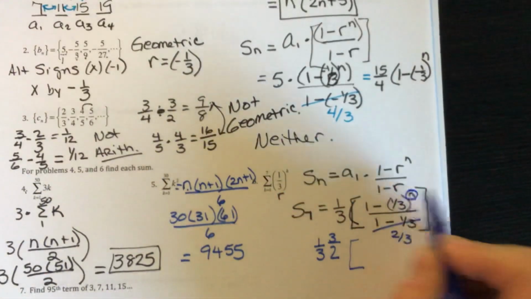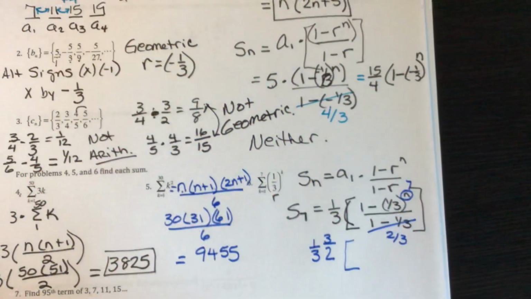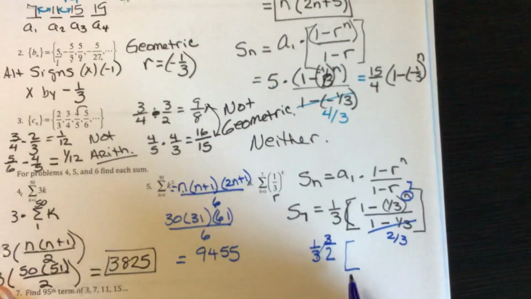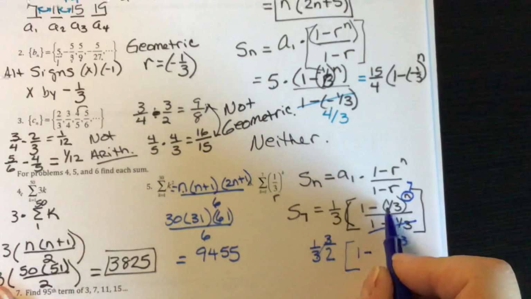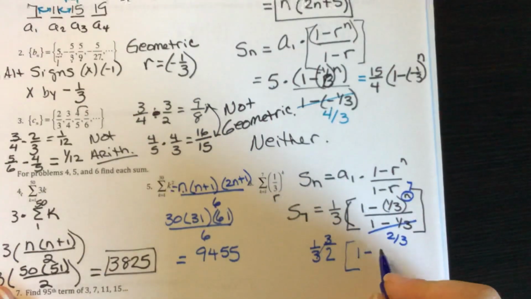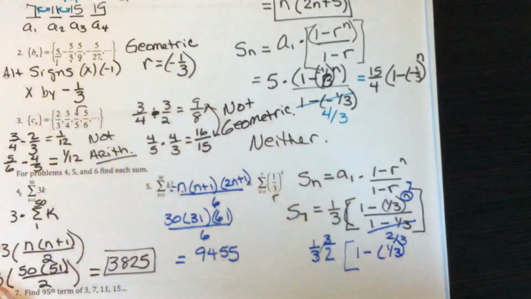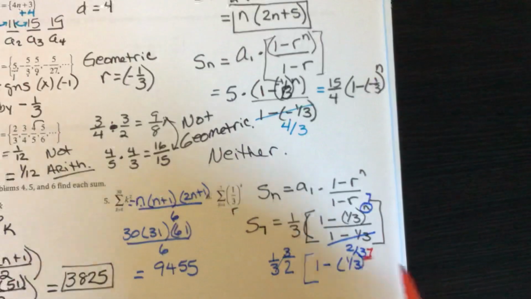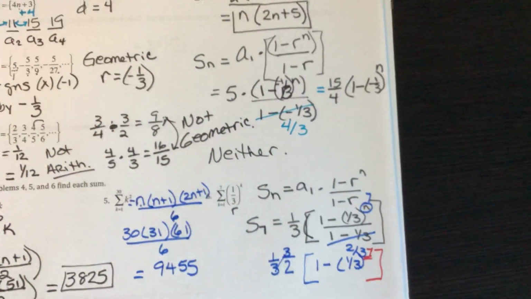And by the way, n in this case was 7. I forgot to slip that in there. So this gives me 1/2 times 1 minus 1/3 to the 7th power. Sorry, that kind of got all squished in there.